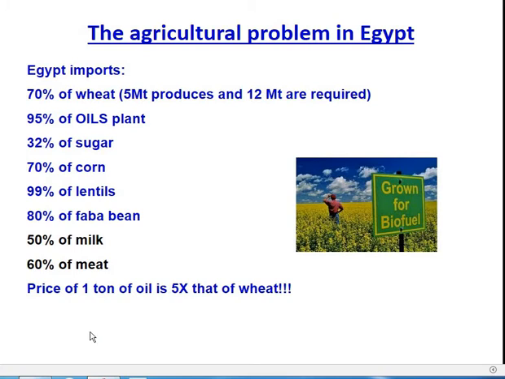We have to increase our crop area and the productivity of each unit. Each feddan must be doubled to get at least to the point where we can produce our food.